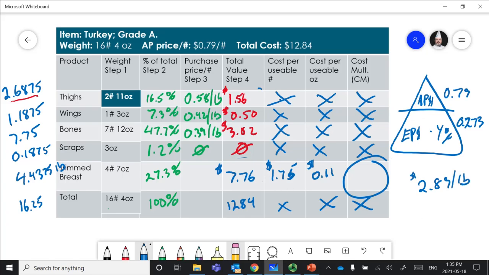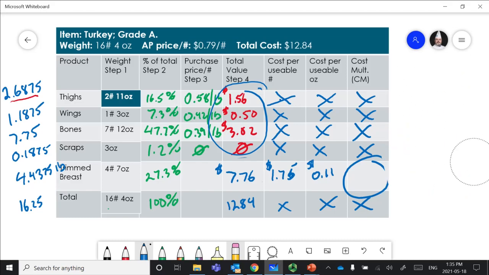So we would have had to charge even more for our Clubhouse sandwich. But it's not a fair price to be charging our customers because we're getting the value out of these guys already here, right? It's not just 100% yield or 101 price and 27% yield. So that's where we take this into account so that we get a more usable price that's fair to us and fair to our customers, and we can keep our prices reasonable, right?